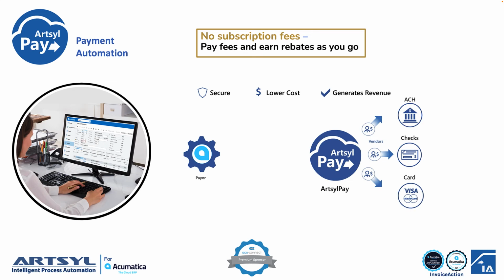After payments are made and confirmed, ArtsylPay will update Acumatica with the payment reconciliation information. And on a regular basis, ArtsylPay will issue rebates for each credit card payment. These rebates can be applied to check issuing fees or even InvoiceAction subscription fees if desired. Secure, low-cost, fully integrated with Acumatica.